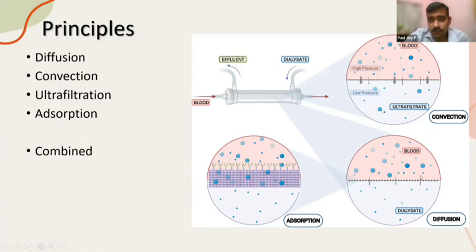Dialysis can be done with mid or high flux filters. Now, in all these membranes, there is some adsorption happening, and there are certain filters made exclusively for adsorption also. And ultrafiltration depends on the extra pressure that is applied to the blood compartment, leading to removal of fluid.